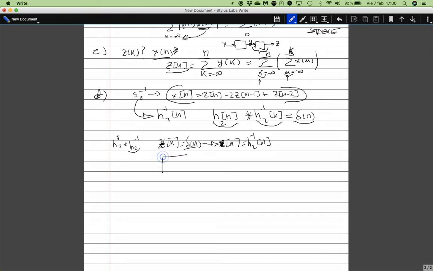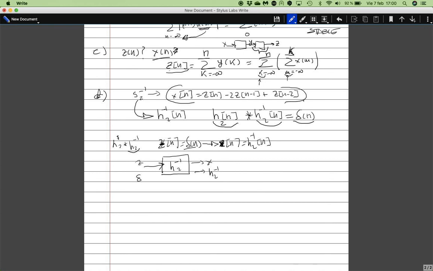Just to clarify, if this is the inverse system, h2 minus 1, I input a zeta, and I get x by this relationship, and in this case what I input is a delta, and here I will get as an output the relationship h2 minus 1. This is exactly it, okay? So let's go ahead.